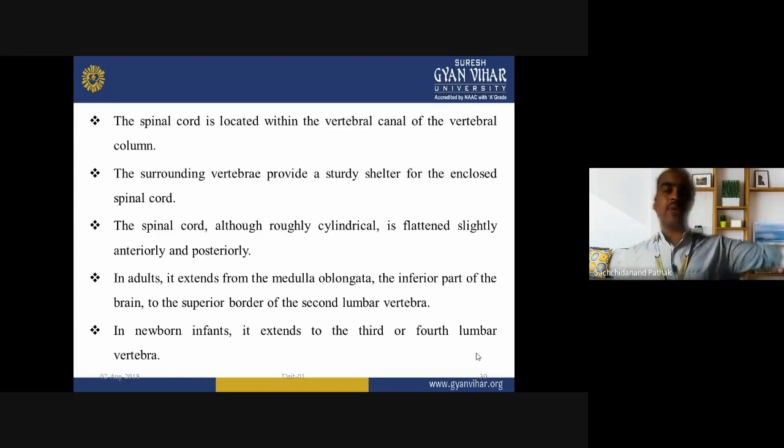Adults की बात करें, it extends from the medulla oblongata, the inferior part of the brain, to the superior border of the second lumbar vertebra. But in newborn infant में ये third और fourth lumbar तक होंगे. Otherwise 2 तक होते हैं.